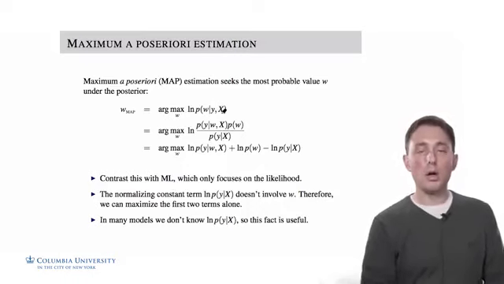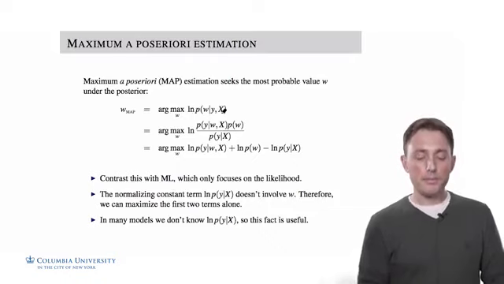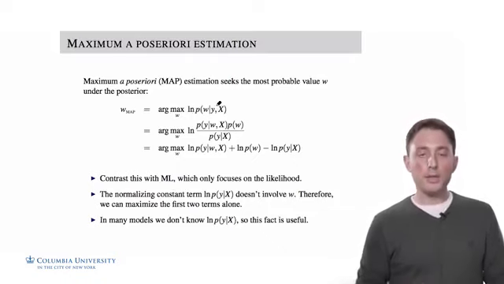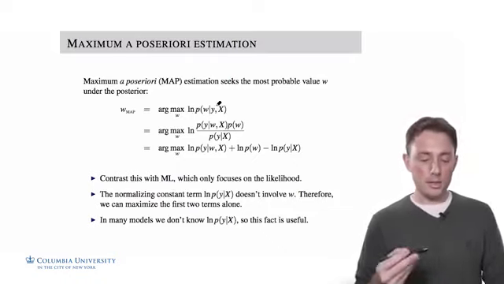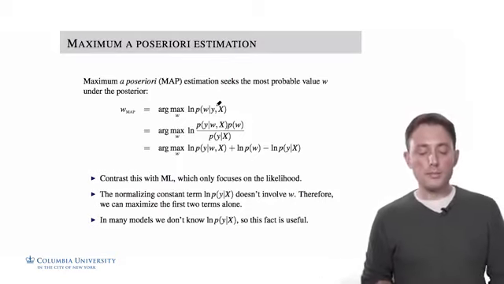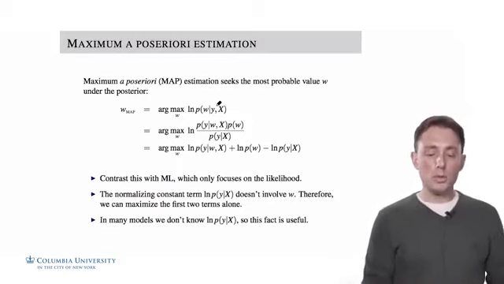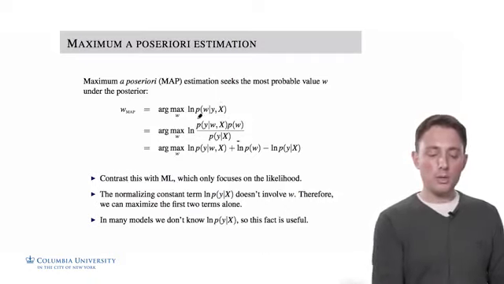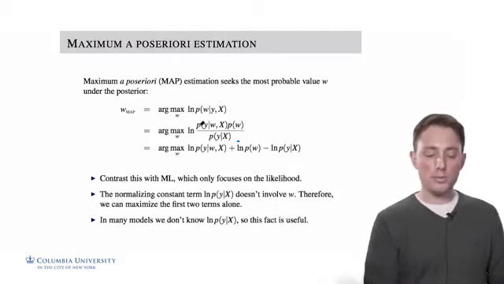And so we work with the log out of convenience. The first step in trying to find this value for the vector w is to use Bayes' rule. So we take the posterior of w and we replace it with Bayes' rule, which we know to be this. So this distribution is equal to this distribution.